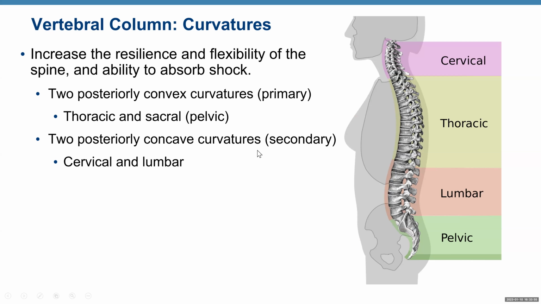Those curvatures increase the resilience and flexibility of the spine and its ability to absorb shock. Two are posteriorly convex curvatures, which we call primary: thoracic and sacral. So here's your thoracic.